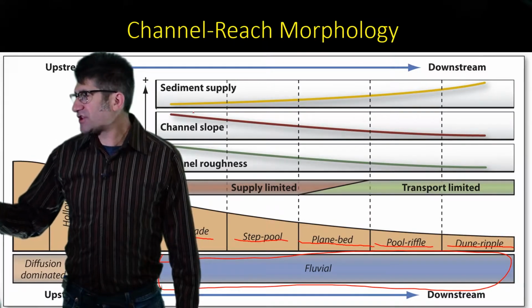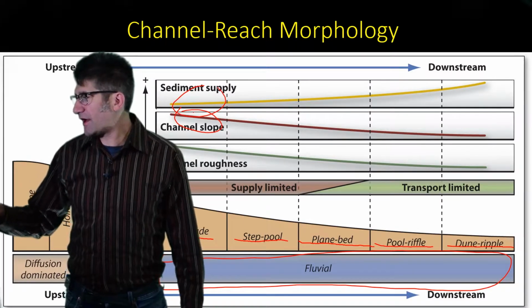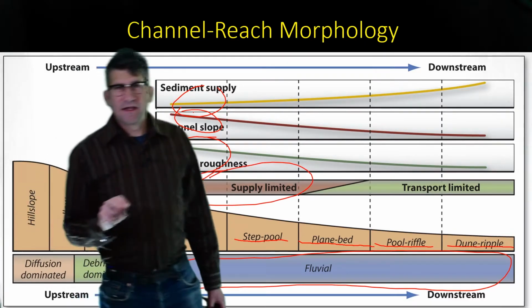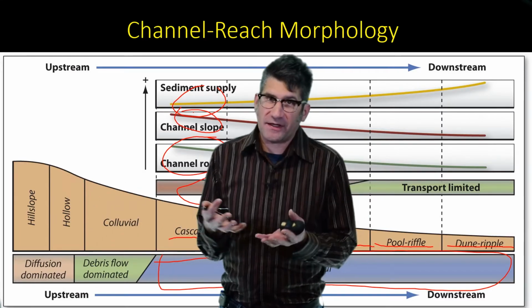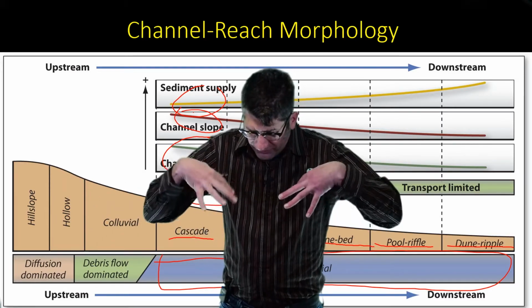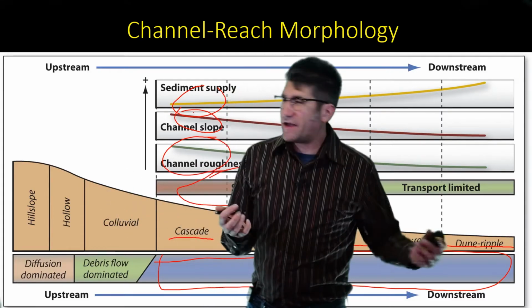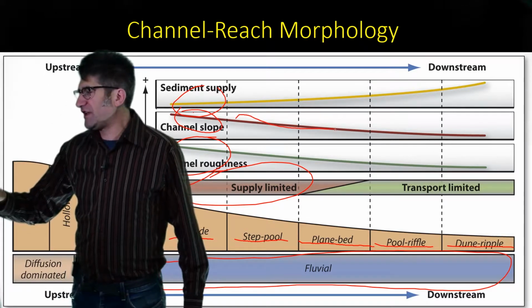We have high channel slopes, so high channel slope, low sediment supply, and very, very rough channels. These are what we call supply limited channels: the stream is not effectively able to move a lot of the sediment or material in the valley floor, in the channel, and so we're not really able to move that sediment down. As we move down the channel, our channel slopes decrease.